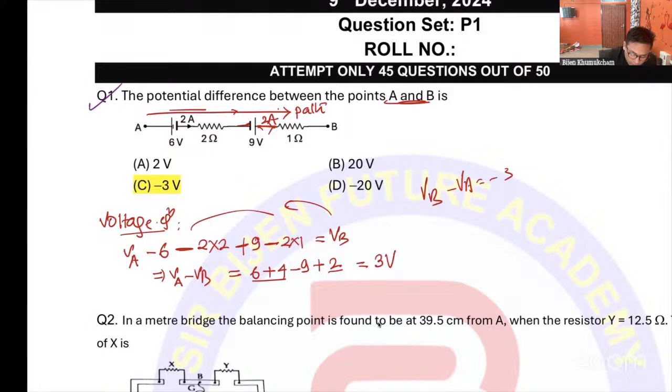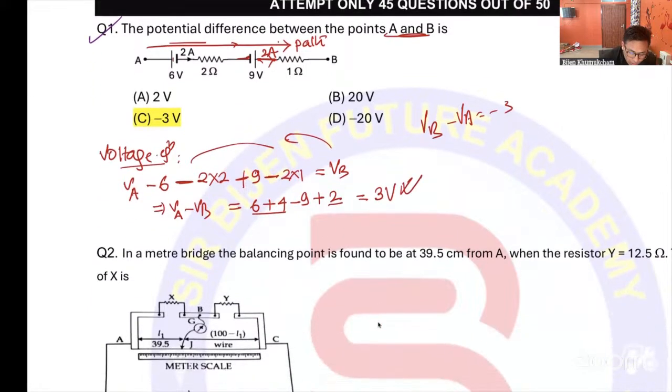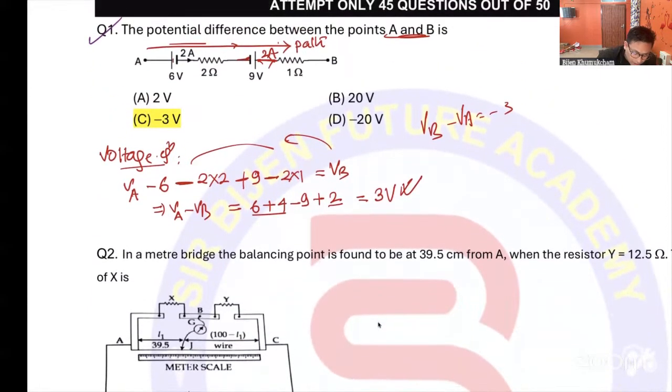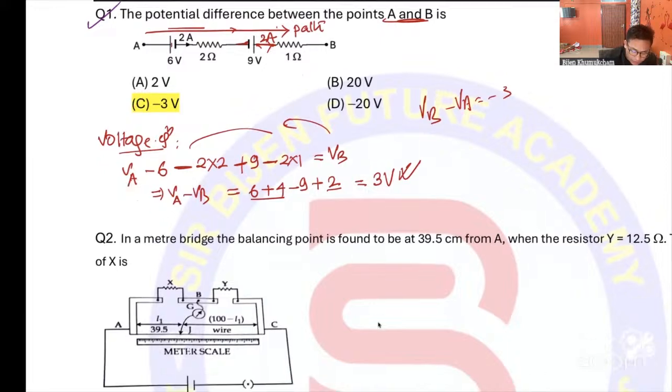So the answer is 3 volt. The answer is 3 volt. The option -3 is not correct. If the sense is VB minus VA, then we would get -3. Got it.